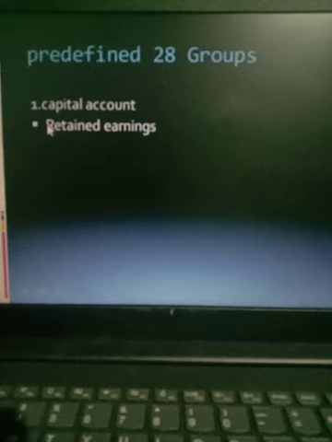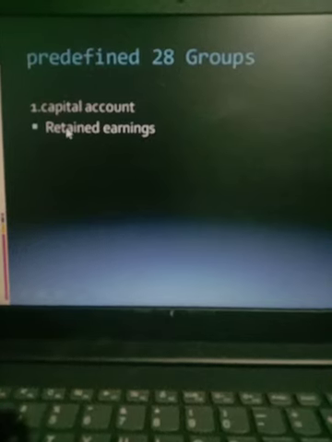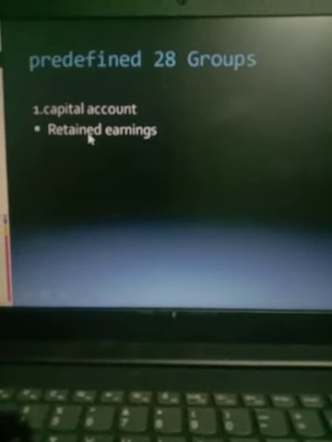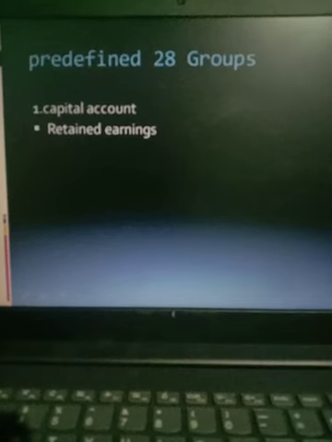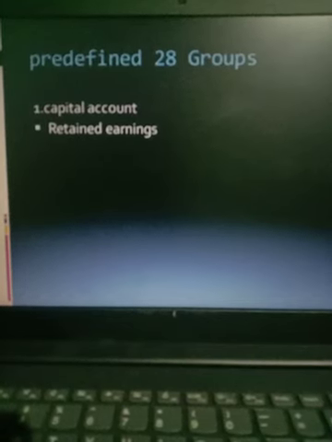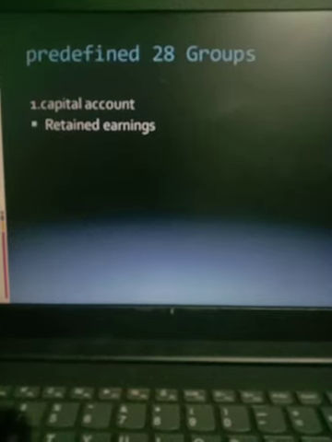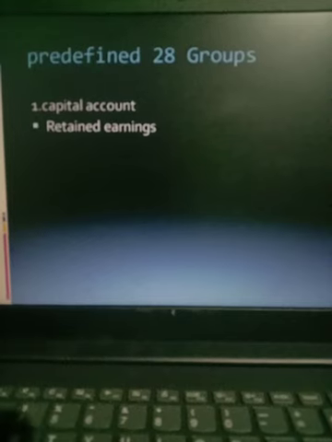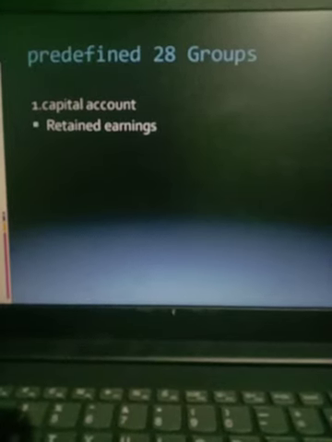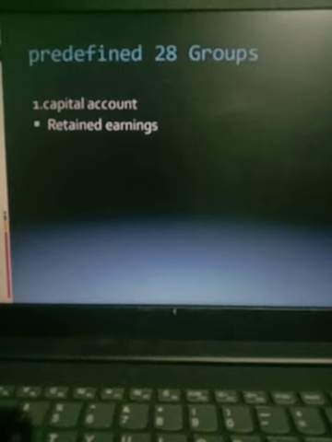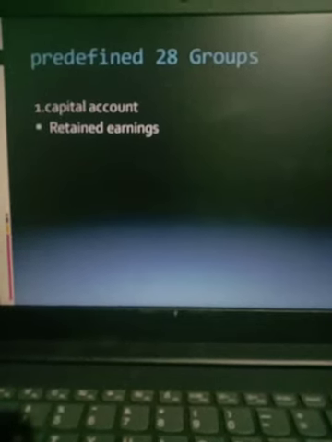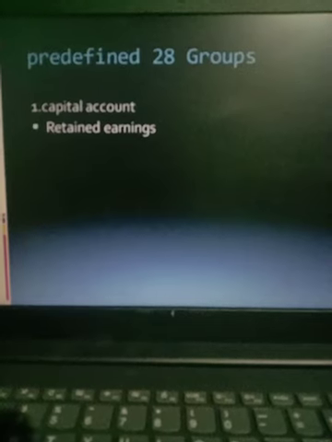Under that, retained earnings is a subgroup. In retained earnings we will record all kinds of reserves, provisions, and profit and loss account. Profit and security premium we will record under the retained earnings.